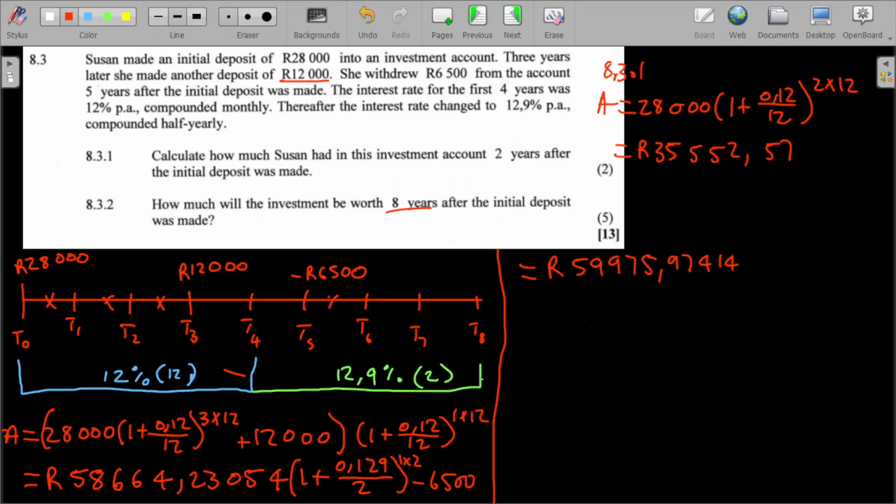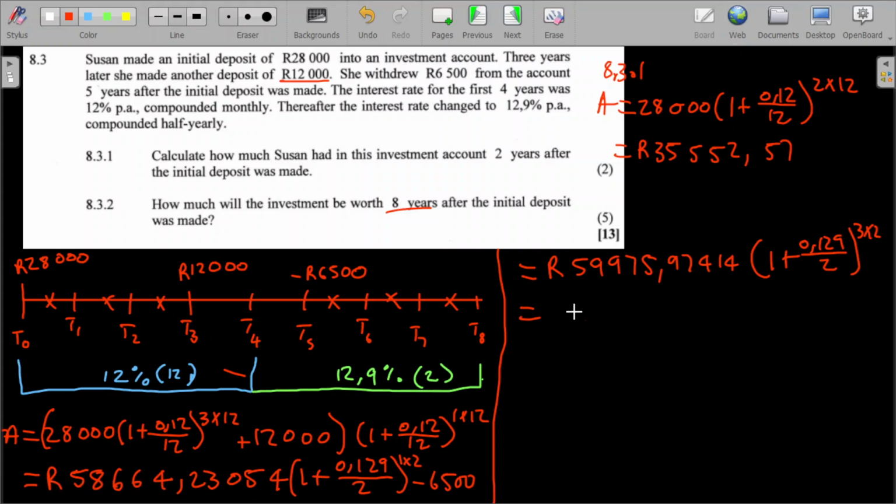Now, after withdrawal, this amount of money will stay in the bank for another 3 years. So we calculate the interest for 3 years now. So it's 1 plus 0.129 all over 2, to the power 3 times 2.